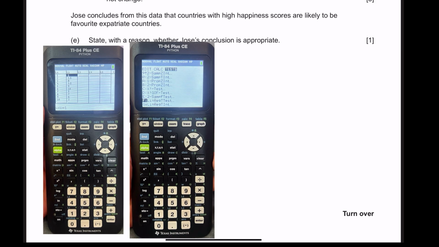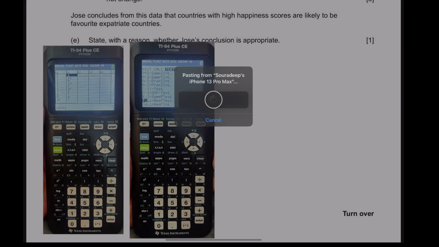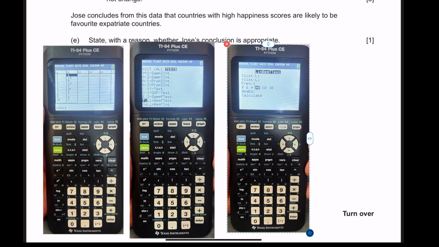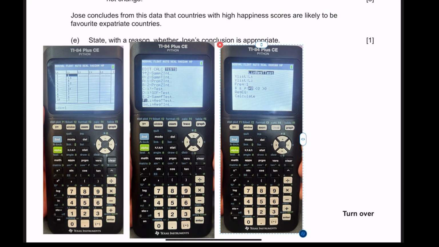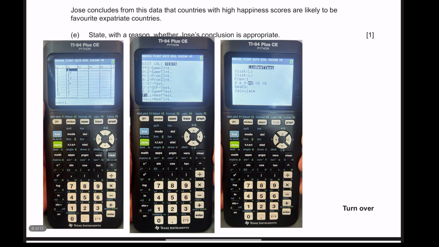Then you scroll down and hit calculate. If you scroll down till the end, you'll get R squared and R value. The R value will be the answer to this question. And here is the R value.